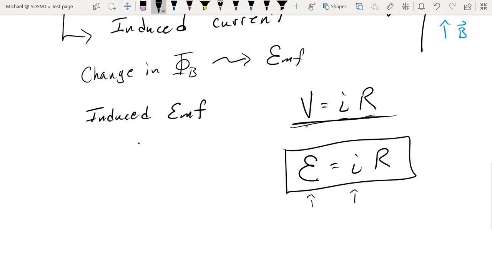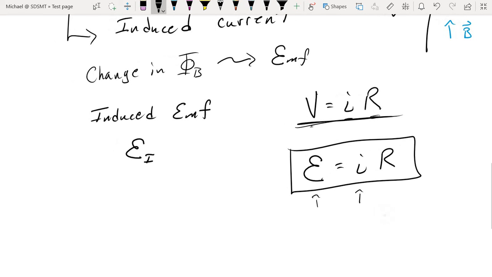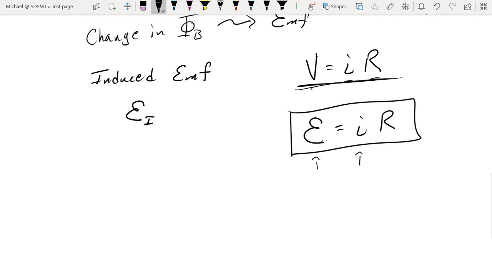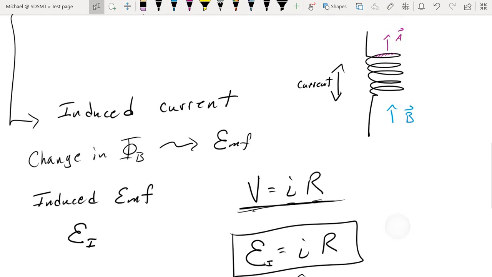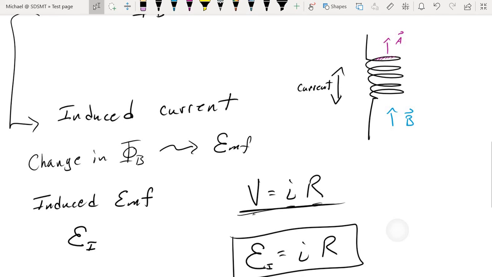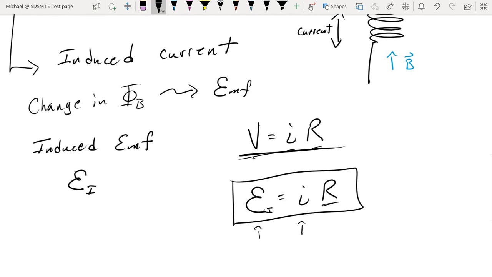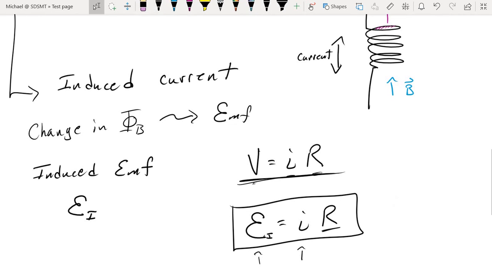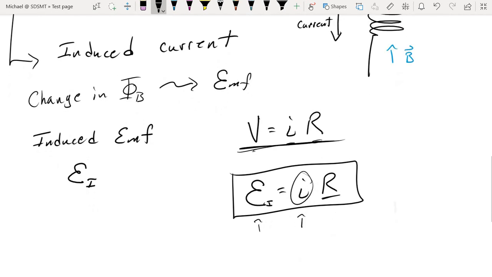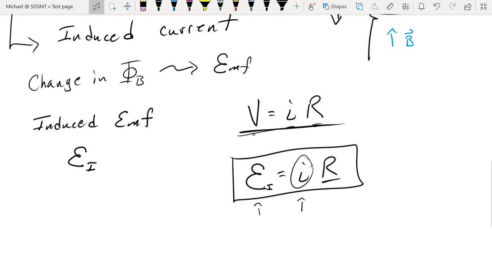And so for this induced EMF, we're going to use the subscript of capital I to indicate that this is an induced EMF. If I induce an electromagnetic force on this coil, there is a certain amount of resistance associated with that coil. As such, we will produce current that will run through that coil.